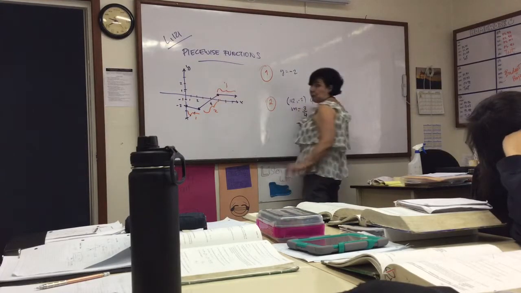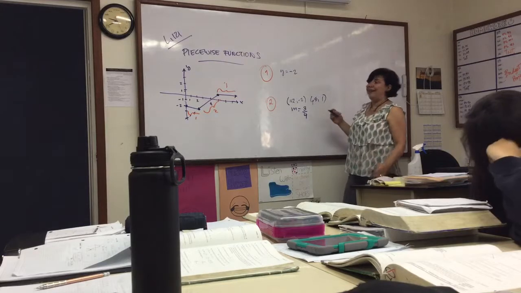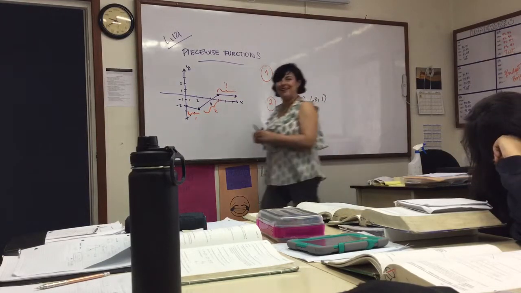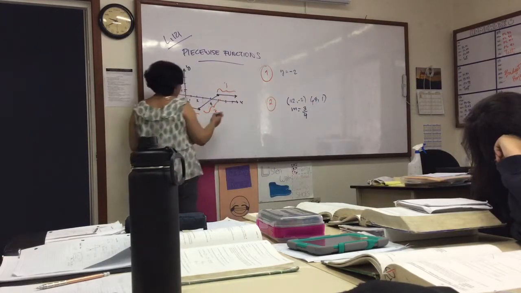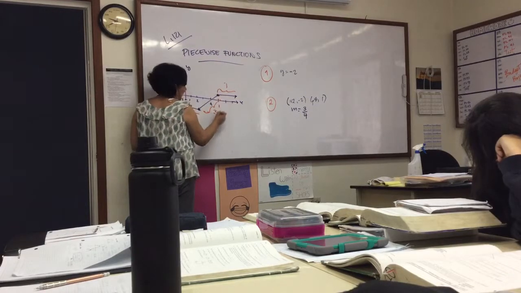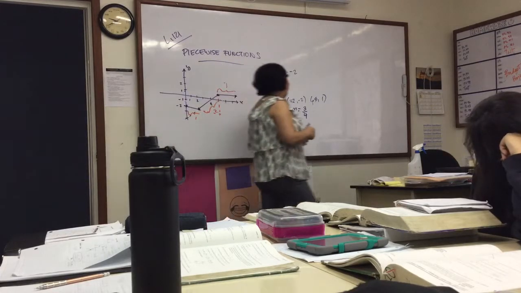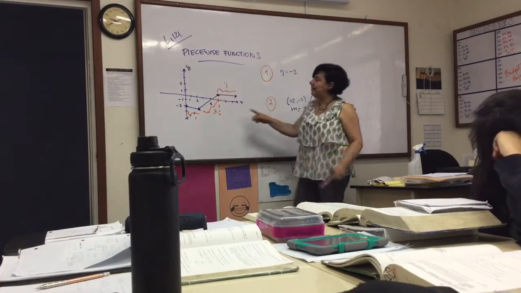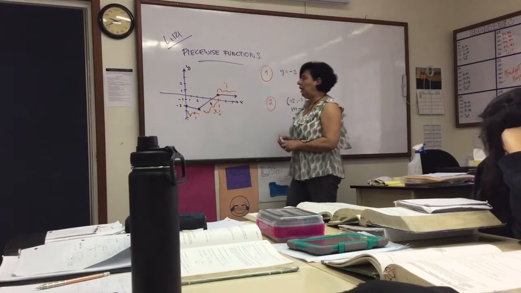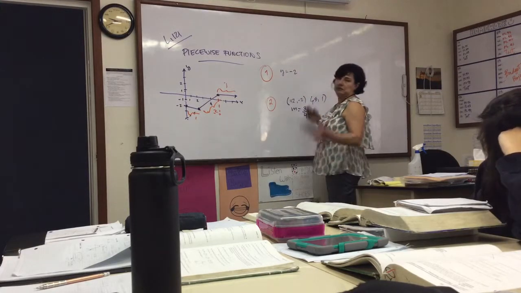You sure? Trust me. Trace over 1. He's so smart. He didn't even look at this. Rise is 3, 1, 2, 3, 4. Perfect. 3/4. And if I extend this, it's going to fall on the -4, let's say.